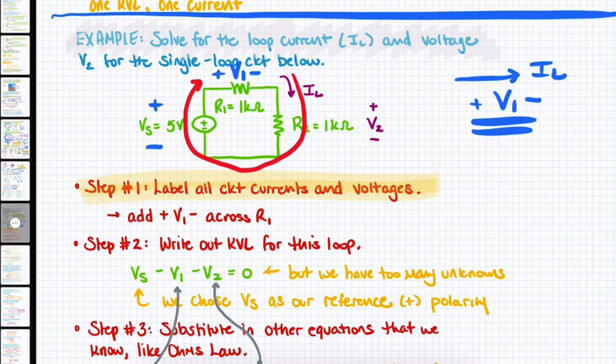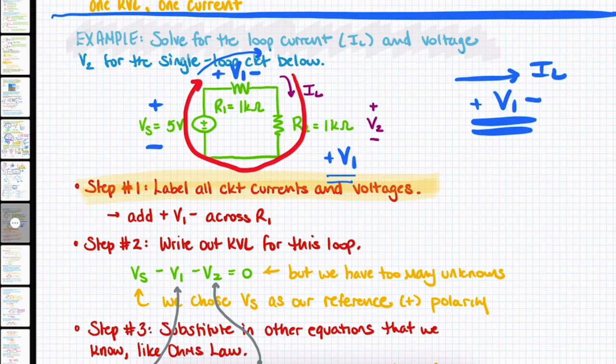All right, so starting from here, let's go around and write out KVL. So I'm going to assume that V1 is positive because IL goes between its positive and negative terminals. So any other voltage in this loop where IL flows from its positive to its negative, that will down here be reflected as a positive voltage.